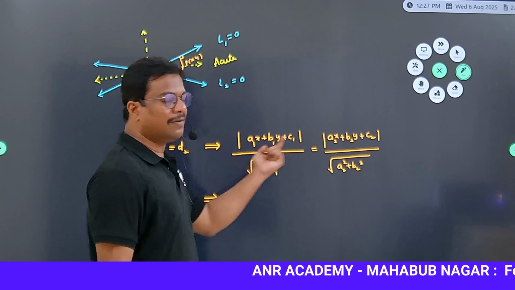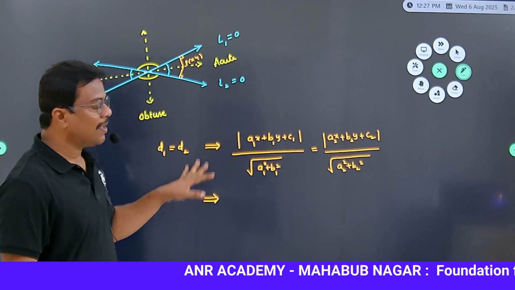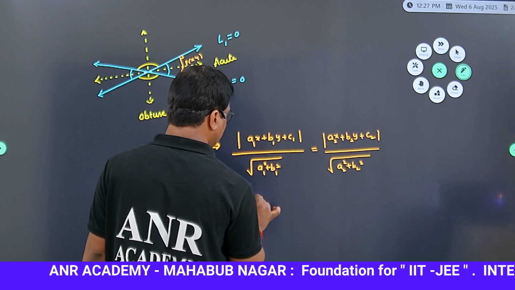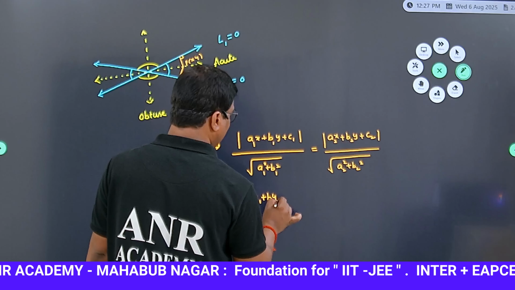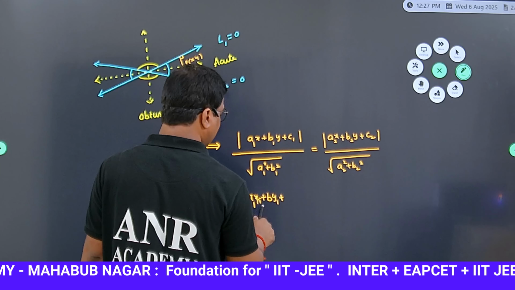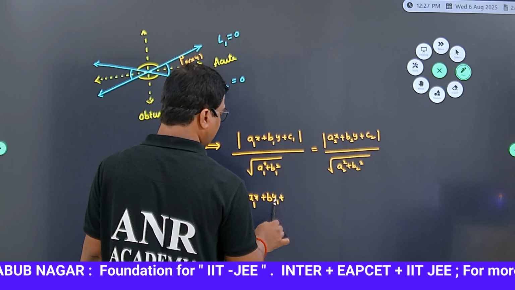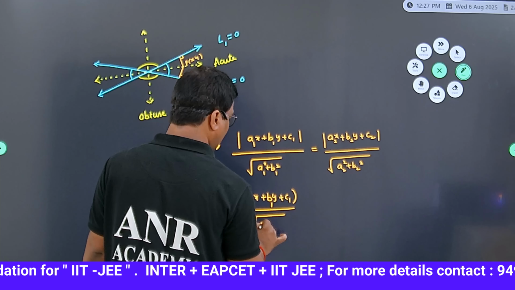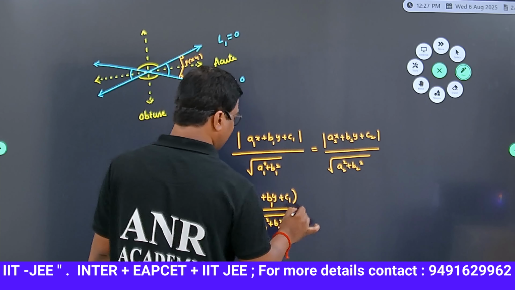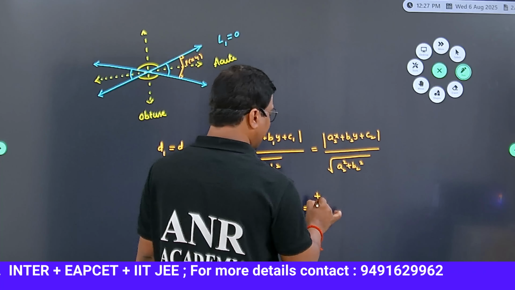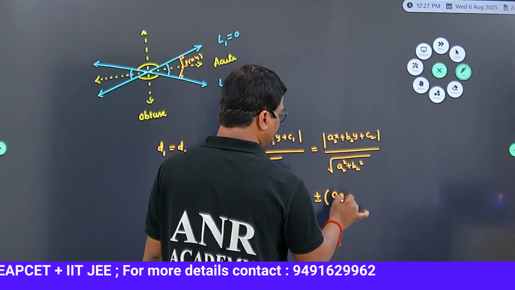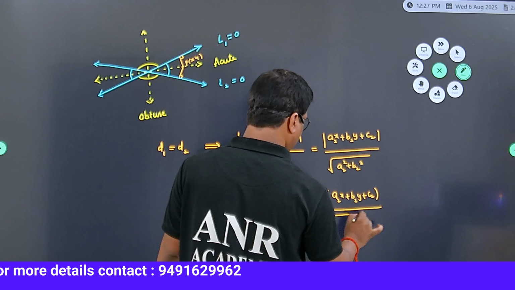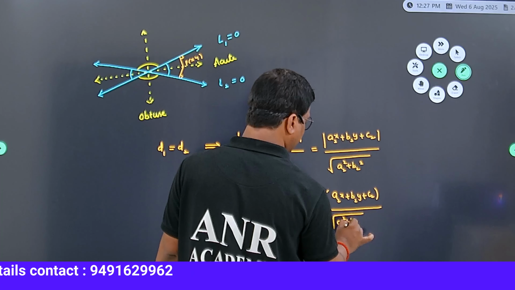Here both the sides have the modulus symbol. Neglecting the modulus on both the sides, we get plus or minus sign. That is a1x plus b1y plus c1 divided by root over a1 square plus b1 square, which is equal to plus or minus a2x plus b2y plus c2 divided by root over a2 square plus b2 square.